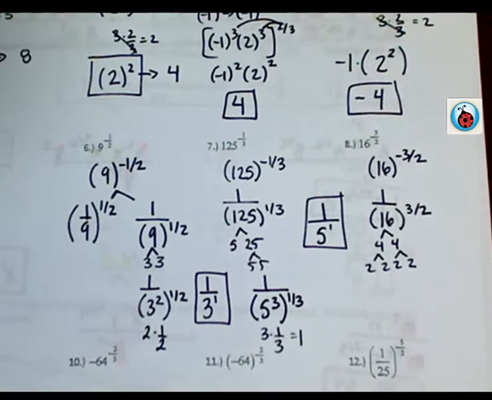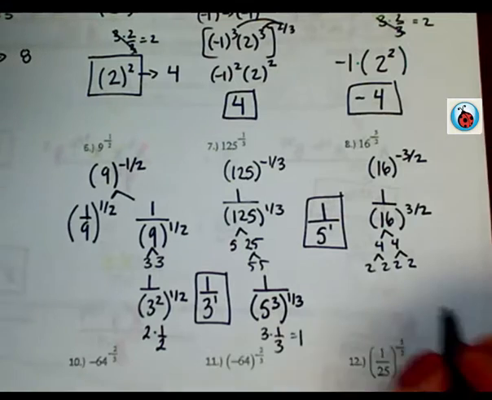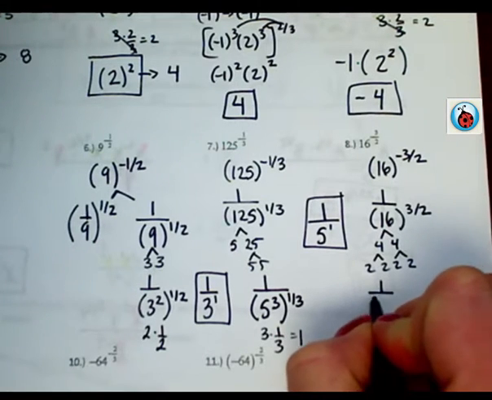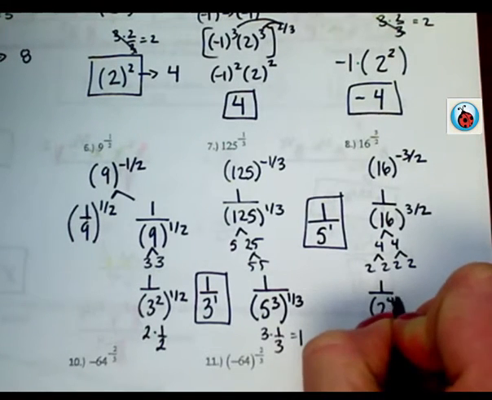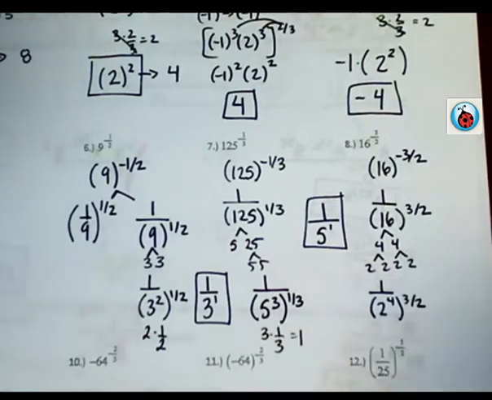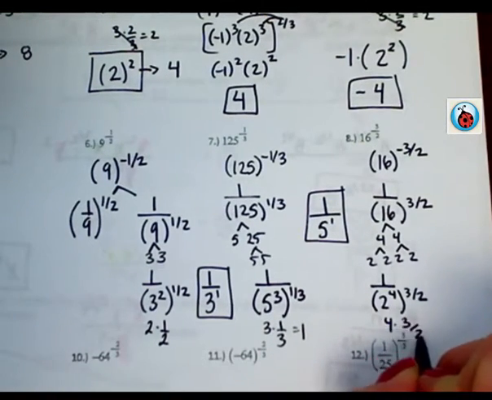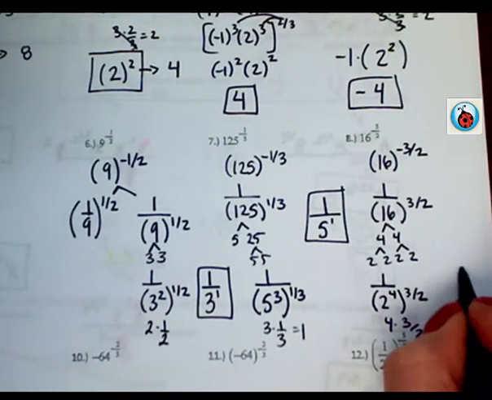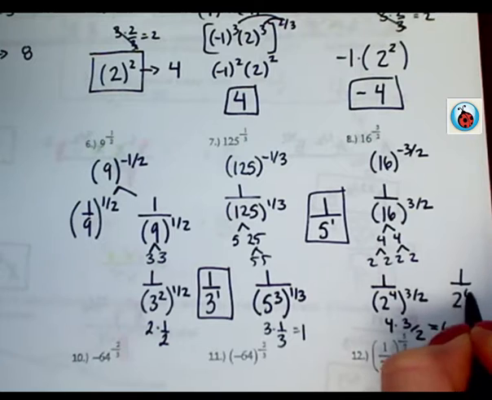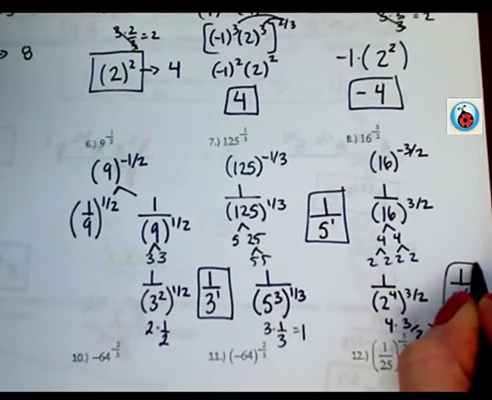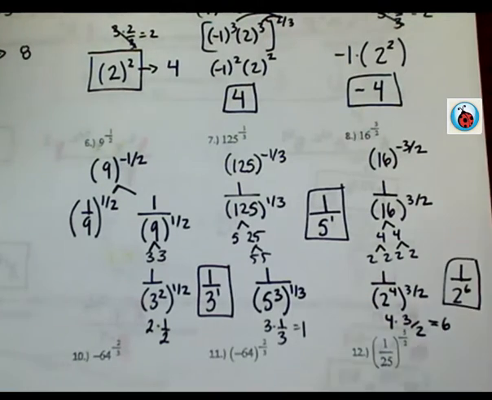So I'm going to go down all the way to 2's because that's still a repeated factor. 2 to the 4th. Okay, my exponent rule says 4 times 3/2, so that's 12 over 2, which is 6. So it gives me 1 over 2 to the 6th. I'm going to leave it in exponent form here.